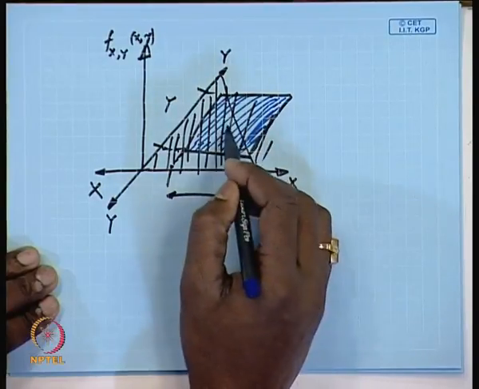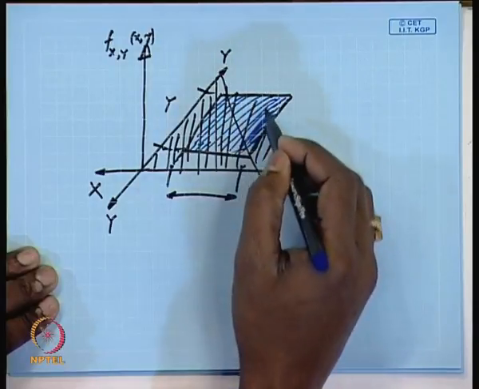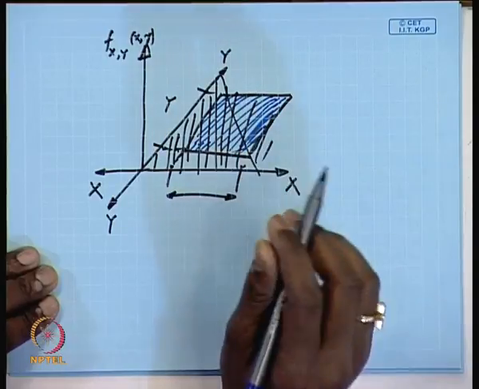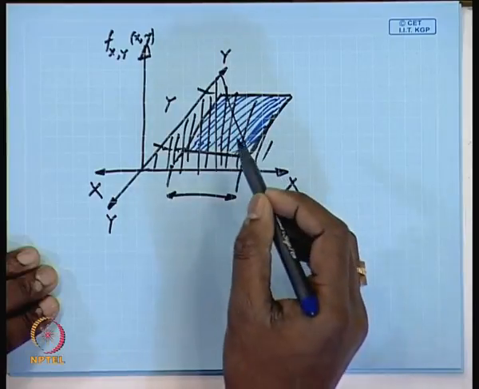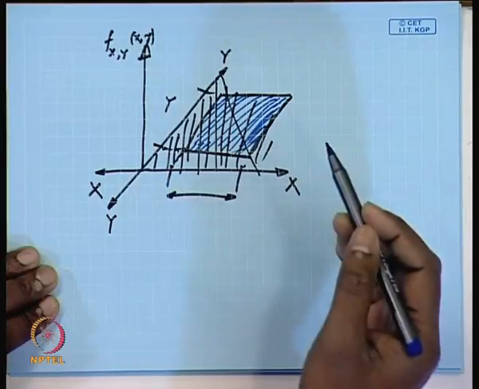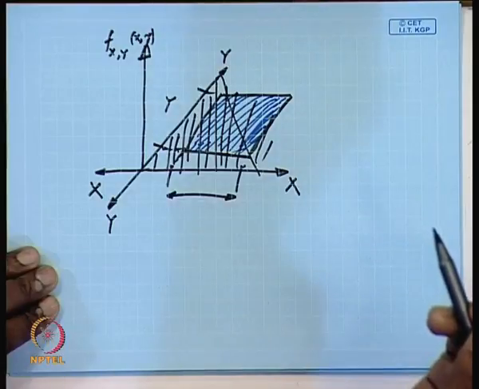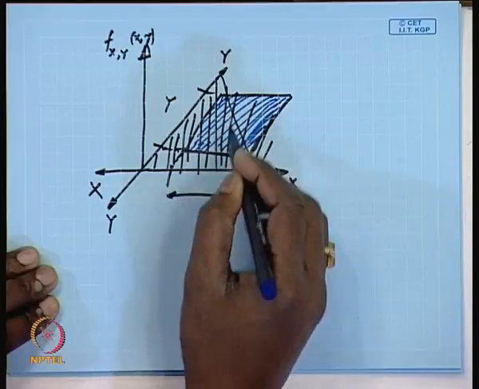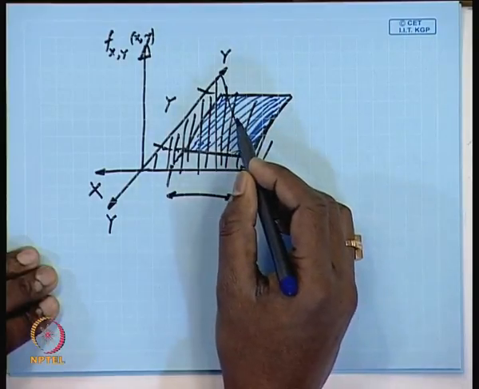Over this space, the distribution will now look like a surface over this area. Similarly, you can extend this idea to the three-dimensional case or even more than three random variables, over which the probability is defined.